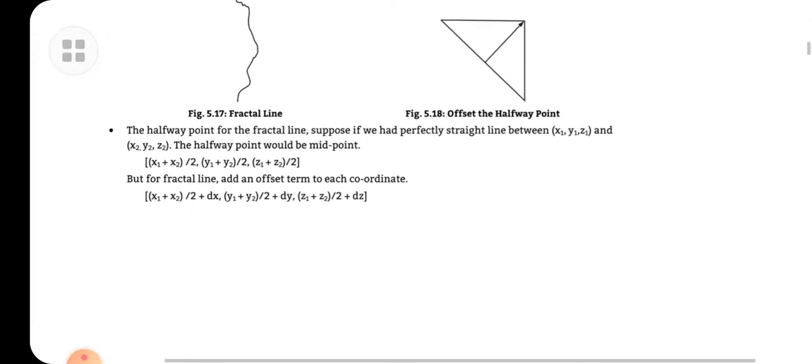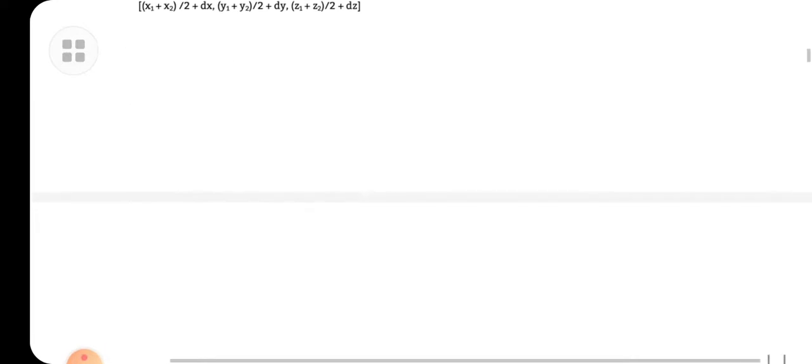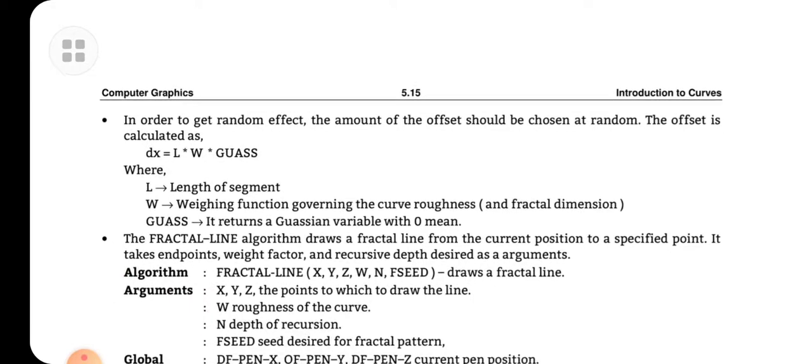But for fractal lines, we add an offset term to each of the coordinates: (x1 + x2) divided by 2 plus dx, (y1 + y2) divided by 2 plus dy, and (z1 + z2) divided by 2 plus dz.